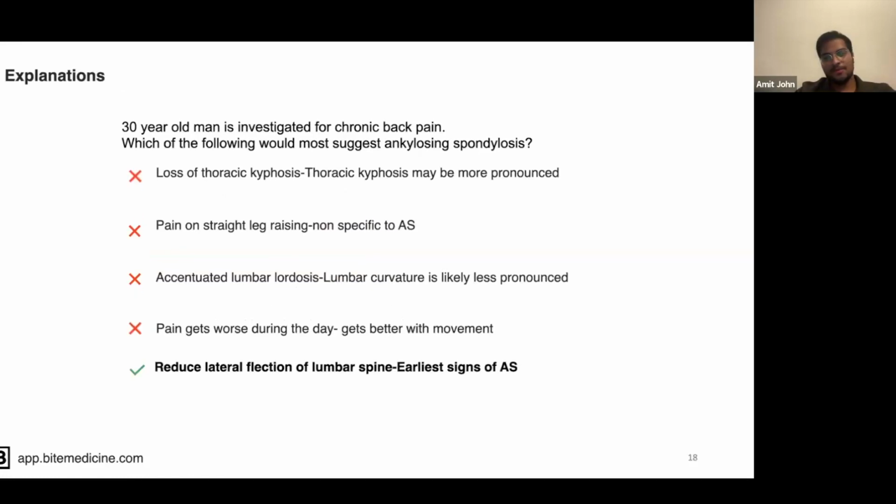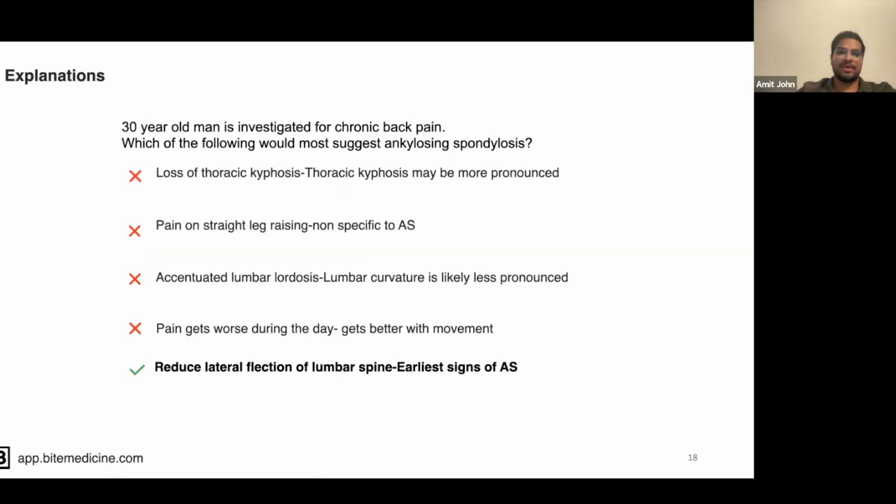So yeah, the reduced lateral flexion of the lumbar spine, that's one of the earliest signs of ankylosing spondylosis. We'll go over the good diagnostic criteria in the coming slides. So the loss of thoracic kyphosis: thoracic kyphosis will be more pronounced in ankylosing spondylosis, if anything.